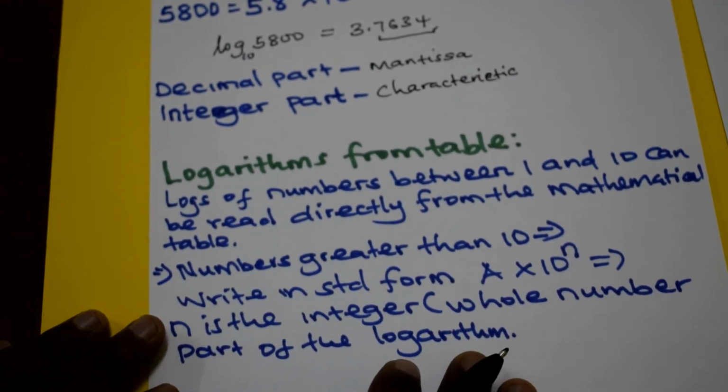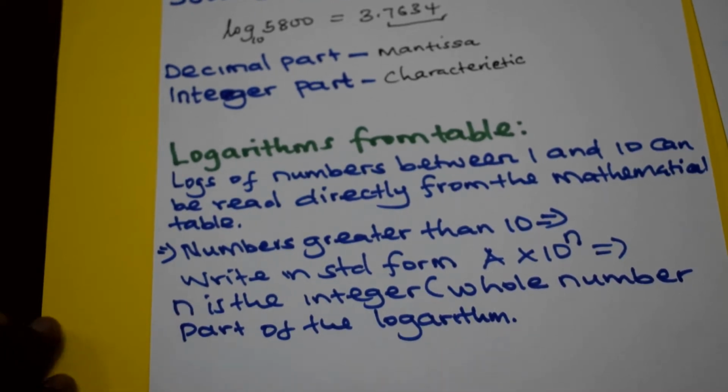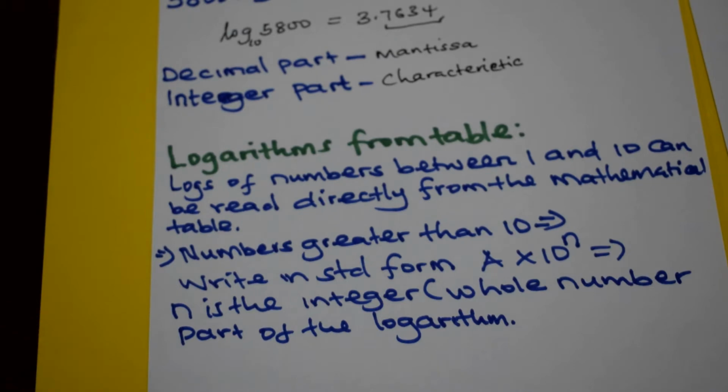So how do we read logarithms from tables? We have our mathematical table, which gives logs of numbers to base 10. If numbers are from 1 to 10, we can read directly from the table.